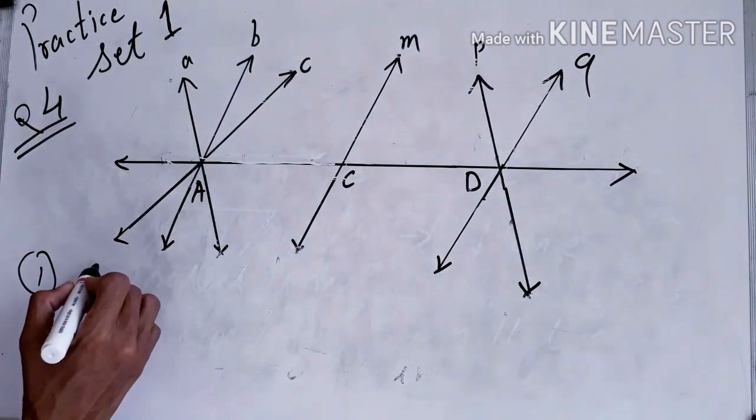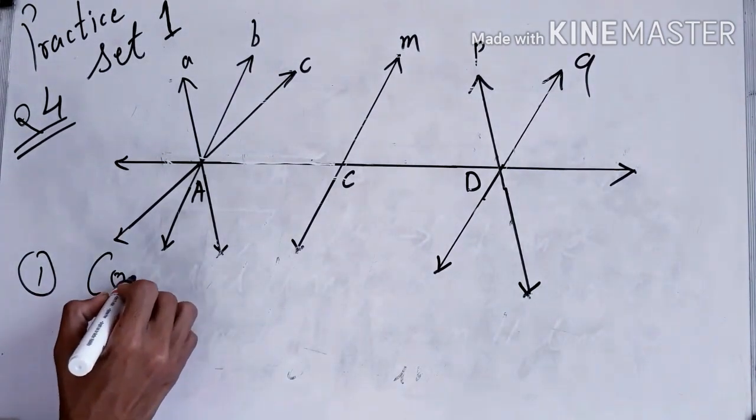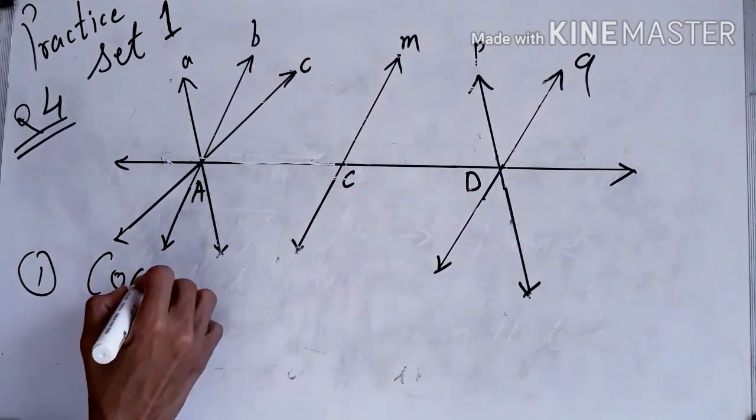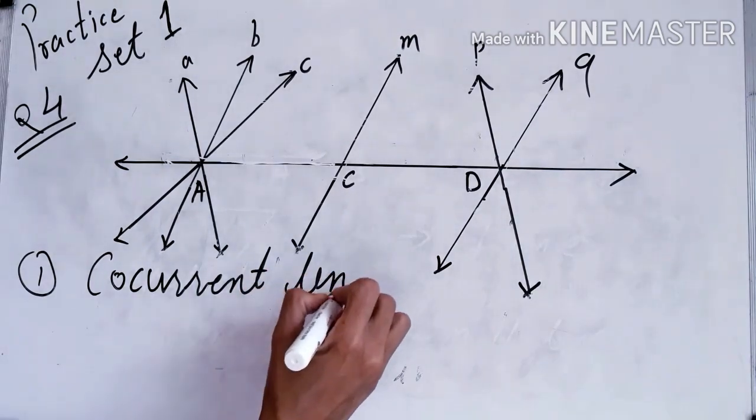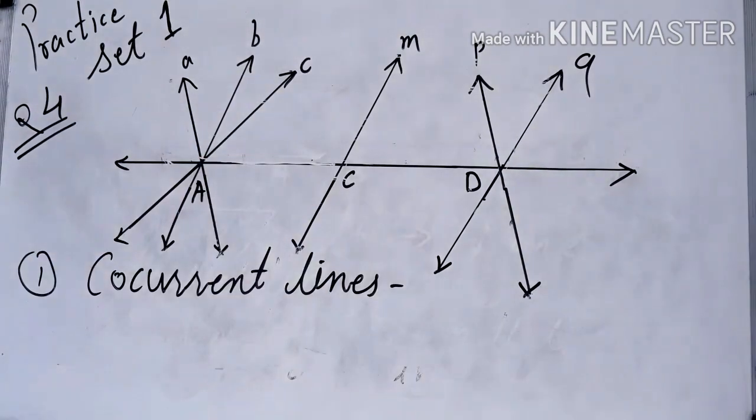Concurrent lines. So here concurrent means what? If two or more than two lines meet each other at a single point, then those lines are called concurrent lines. So here which are the concurrent lines?